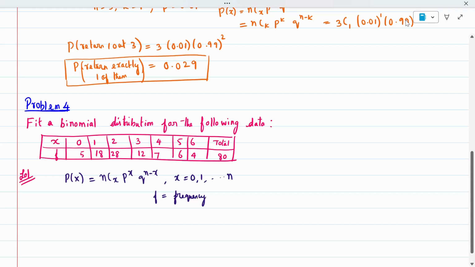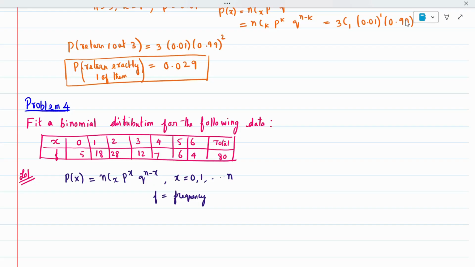What is the use of fit? It may be a fit of the binomial distribution or the next distributions coming in the video, a Poisson or exponential, any distribution. We have a frequency given in the question, and we can find a new frequency using whatever distribution is given.